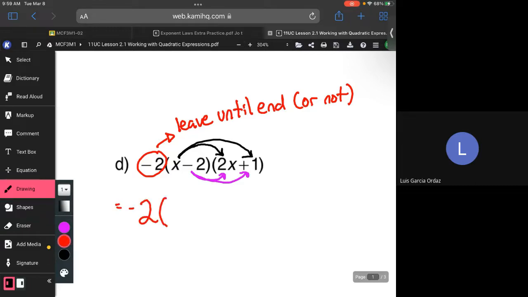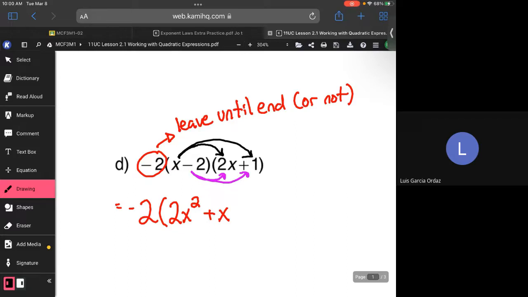So when I FOIL my binomials together, what am I going to get? So what's the first half going to be? 2x squared. Yep, 2x squared. Okay, what's my next term? Plus x. Perfect. And then what happens after?